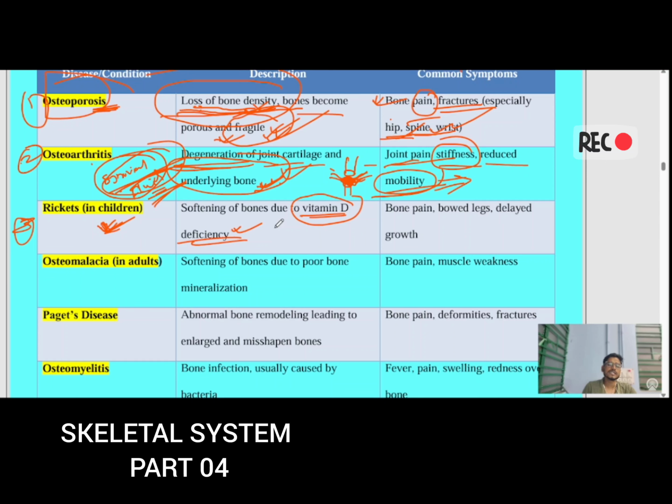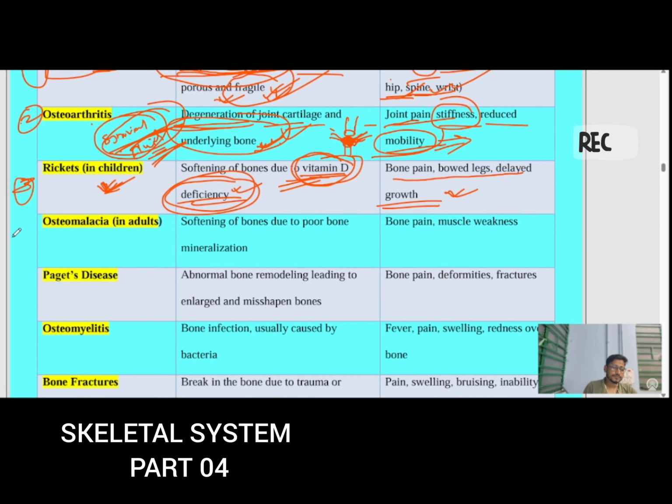Mainly due to a sedentary lifestyle, because we get vitamin D from the sunlight. Vitamin D is absorbed by our skin, and the skin is able to produce vitamin D. In rickets, bone pain, bow legs and delayed growth also occur.